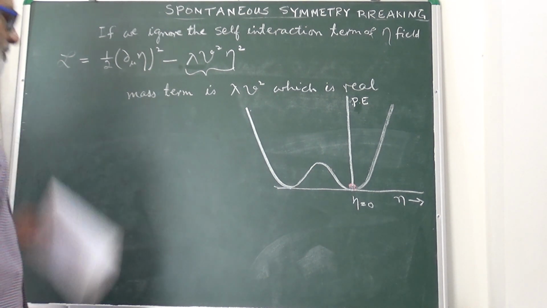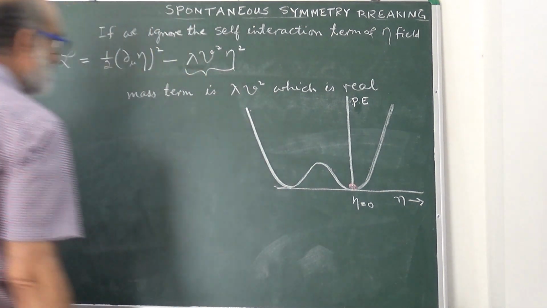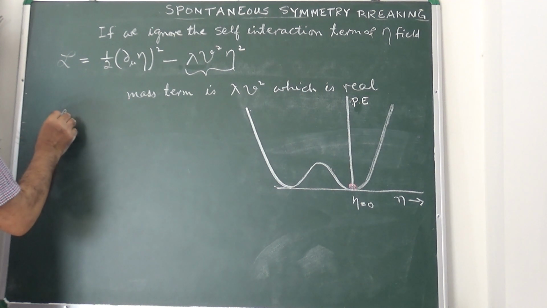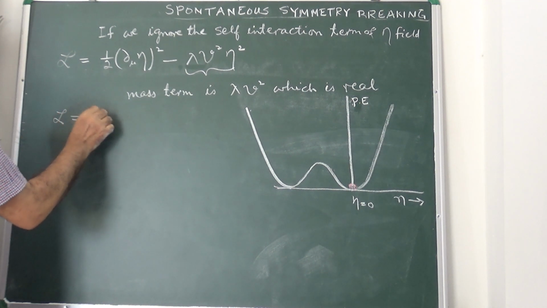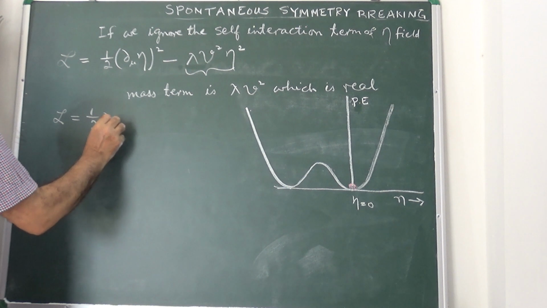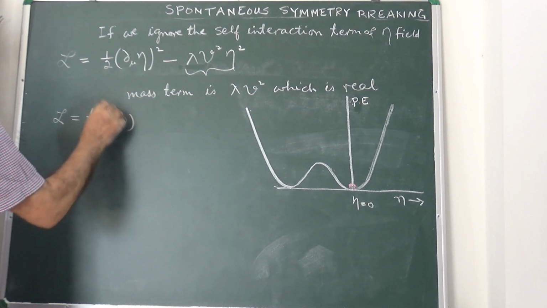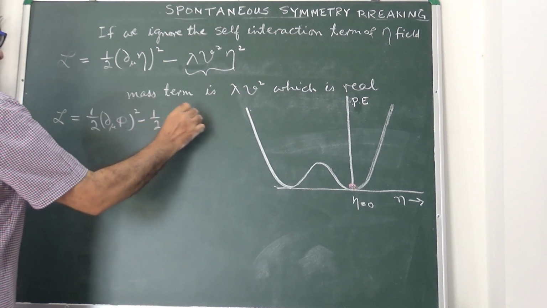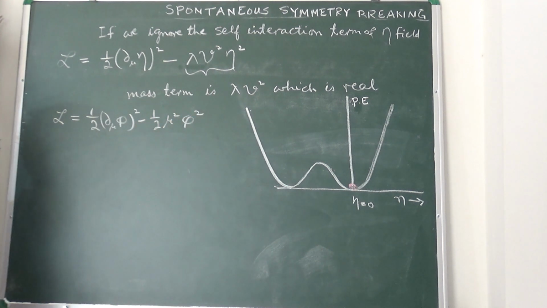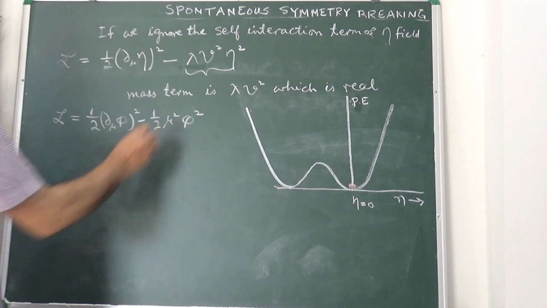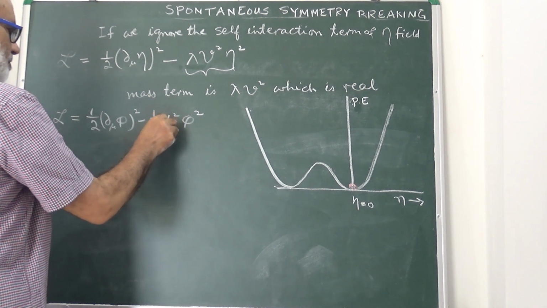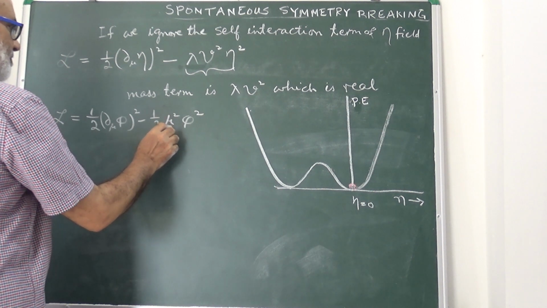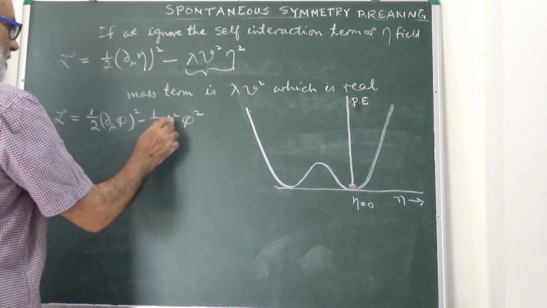Now, when we took the Lagrangian for the phi field, we had lambda mu phi square minus half mu square phi square, and assumed here again the mass as positive. In that case the mass was given by the square root of this.